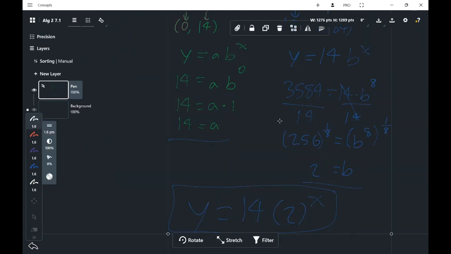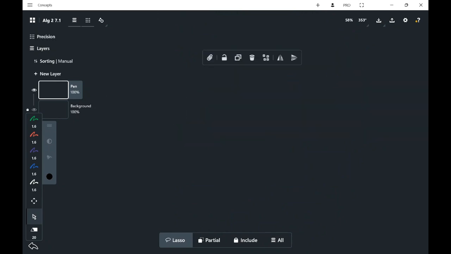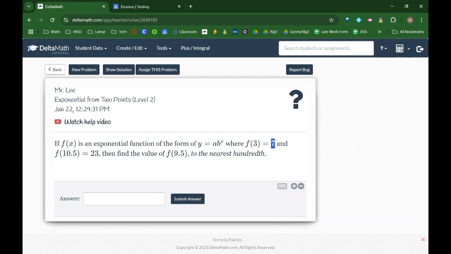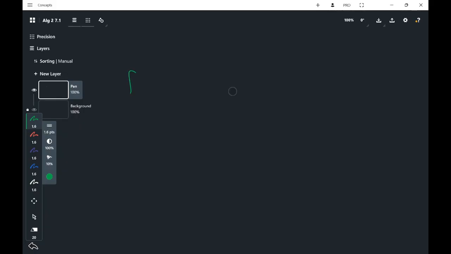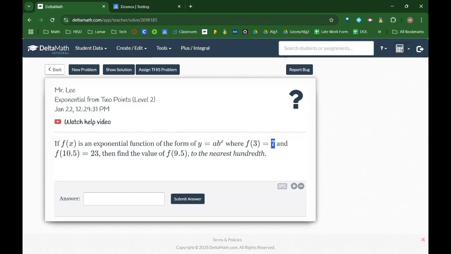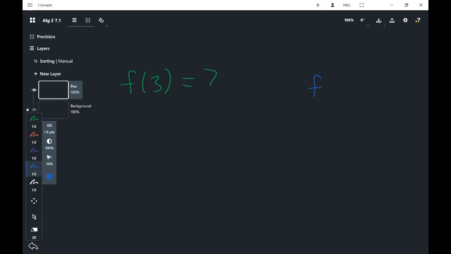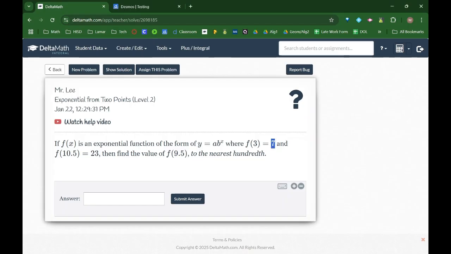Okay, let me clear out here. Now we have f of 3 equals 7, and we also have f of 10.5 equals 23, I believe.